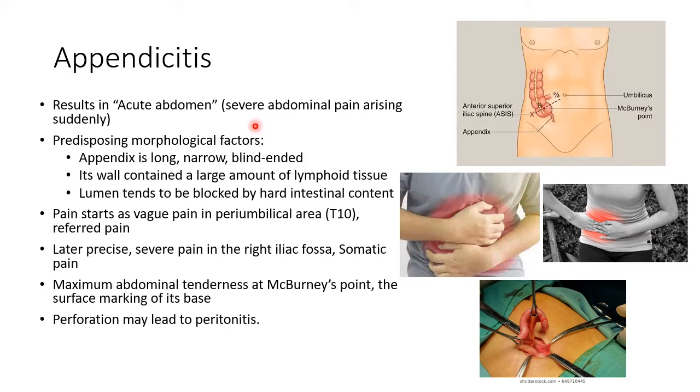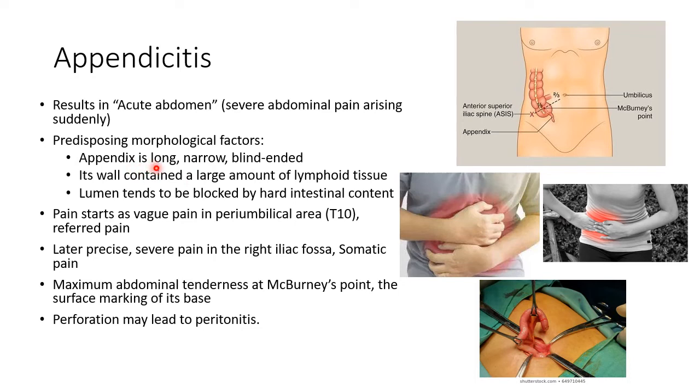Now, why does inflammation or infection of the appendix happen? What are the predisposing morphological, structural or anatomical factors that make this a common complaint? I'm sure each of you will do an appendicectomy after graduation.